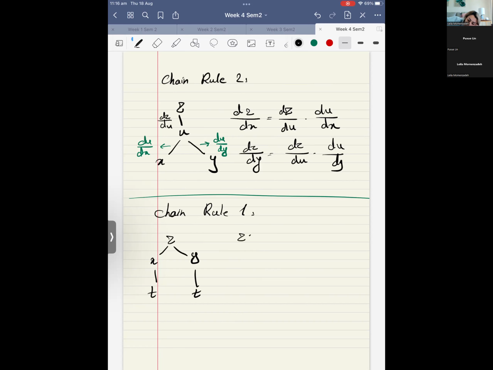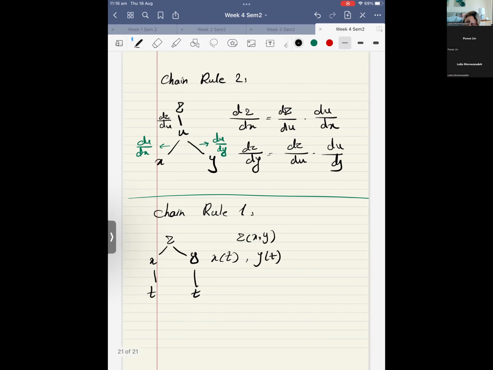You have z, x, y, x(t), and y(t). Now we want to find dz over dt.